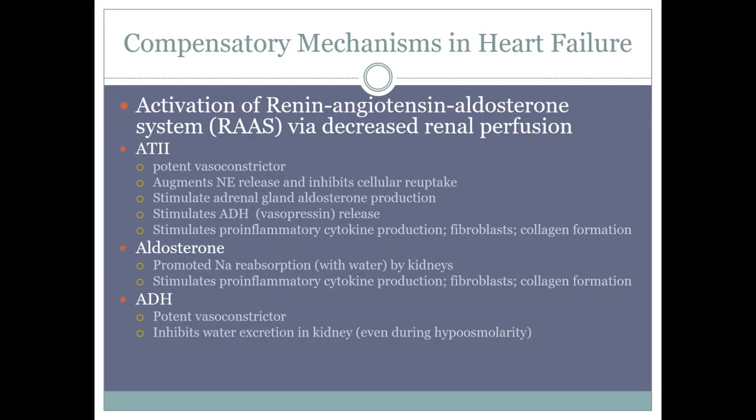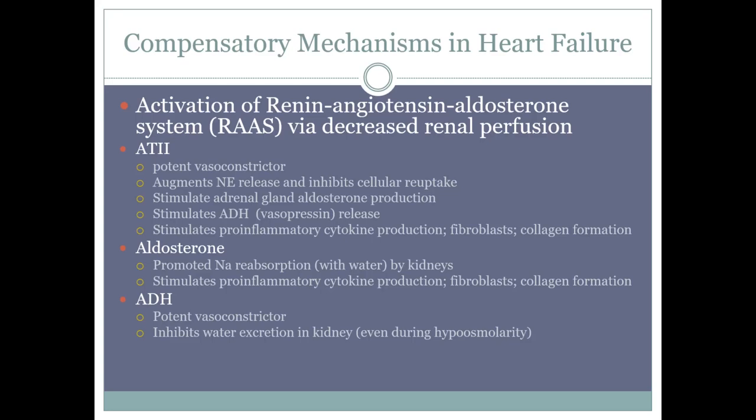The renin-angiotensin system we talked about before, so a lot of reminder stuff here. Angiotensin 2 is a very potent vasoconstrictor, also stimulating aldosterone production to promote water and sodium retention to increase blood volume, so it's an attempt to increase preload. It also interacts with the other systems, causing an increase in norepinephrine release, inhibiting its uptake so that there's more epinephrine available.